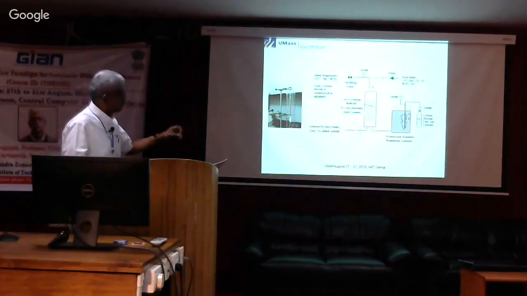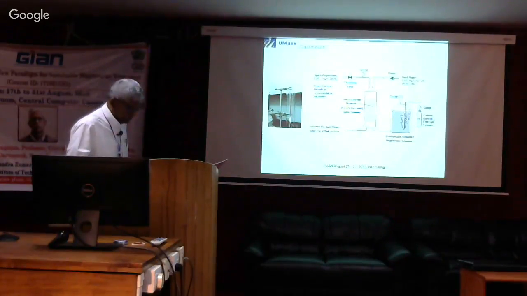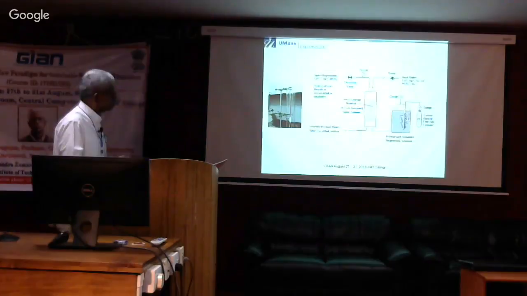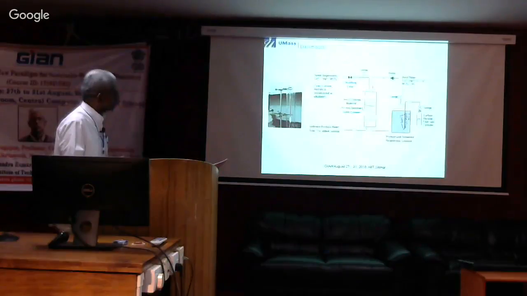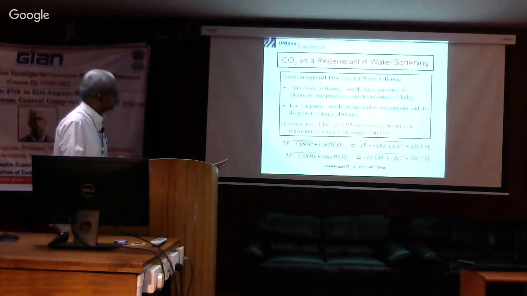I mean, of course, this experimental column was with the carbon dioxide cylinder. This was, if I remember correctly, 19%. But that 90% is for flue gas. I think we use a little higher than that.